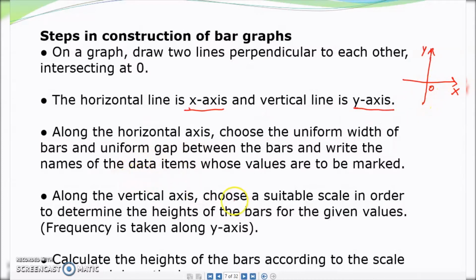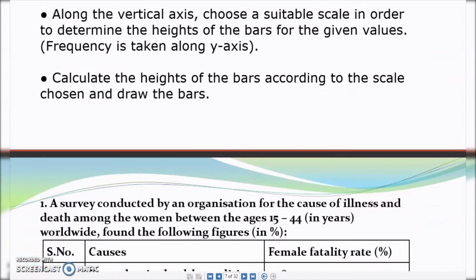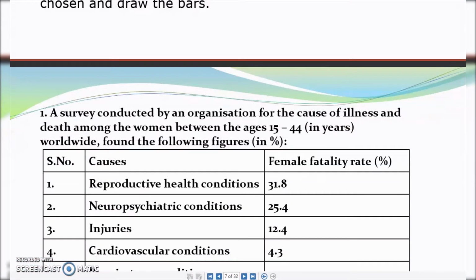On the vertical axis also, choose a suitable scale in order to determine the heights of the bars of the given values, with frequencies taken on the y-axis. So here on the x-axis you will write category, and over here you will be writing the frequency. Calculate the heights of the bars according to the scale chosen and draw the bars.